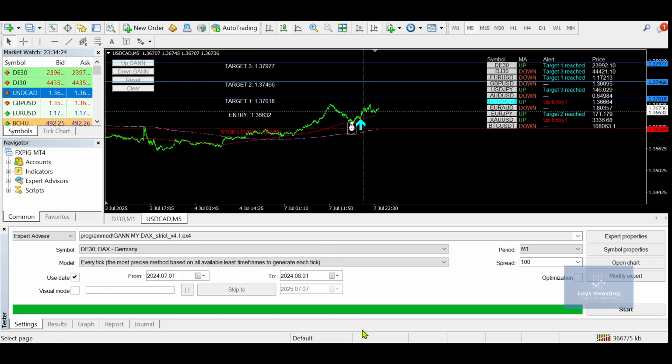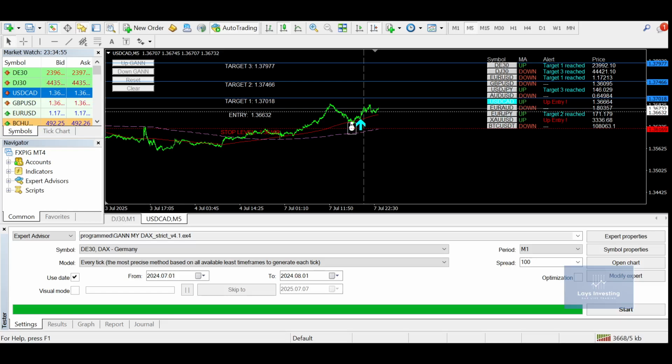Before starting, just a quick word about what we expect of the monthly return in Forex or CFD trading. As a professional trader, I think if you are getting something above 5% per month, it's good, and something between 5 to 10% is excellent.